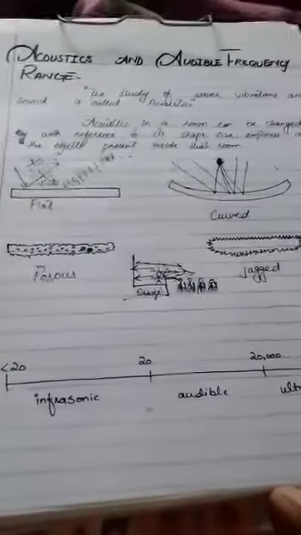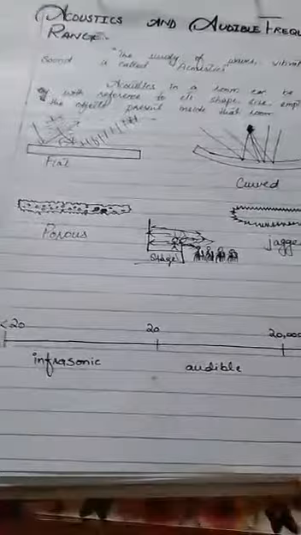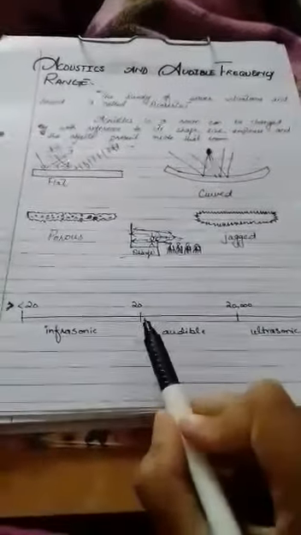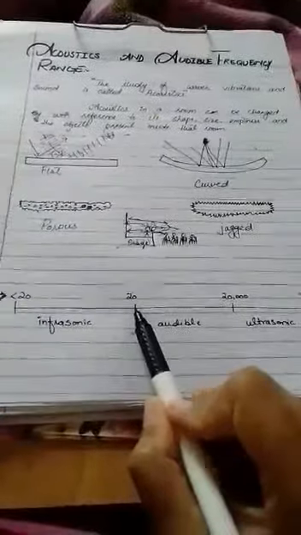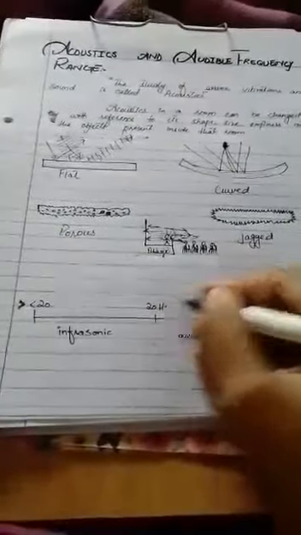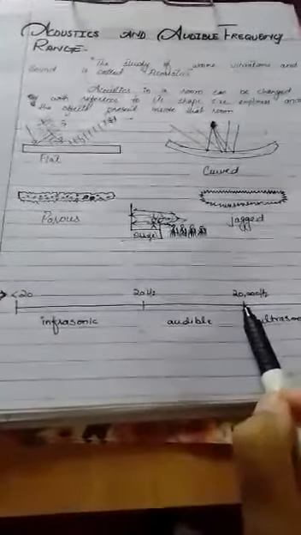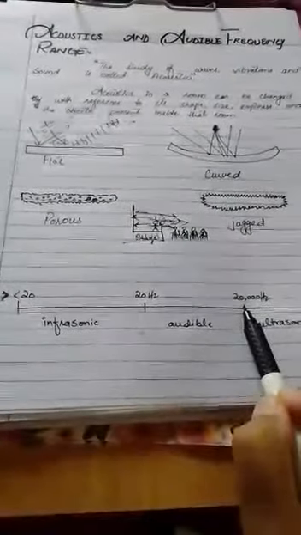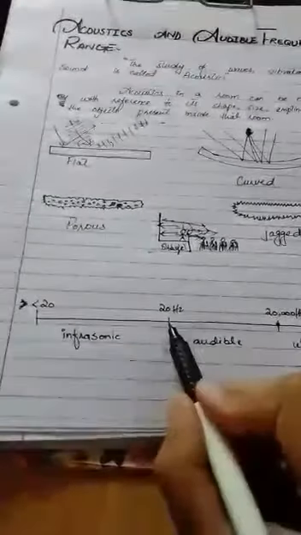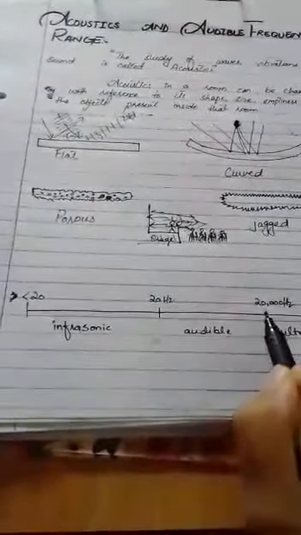Okay, now coming to the audible frequency range. The audible frequency range is simply the range of frequencies which are audible to humans. This range starts from 20 hertz, remember, this is hertz, and ends at 20,000 hertz, or 20 kilohertz. This is the average a human ear can hear.